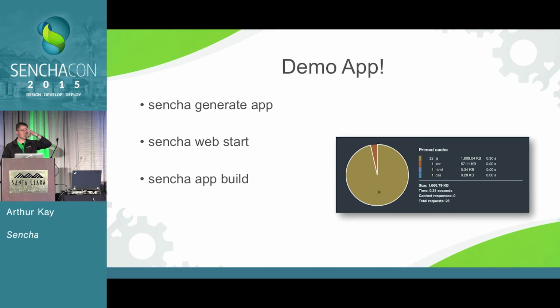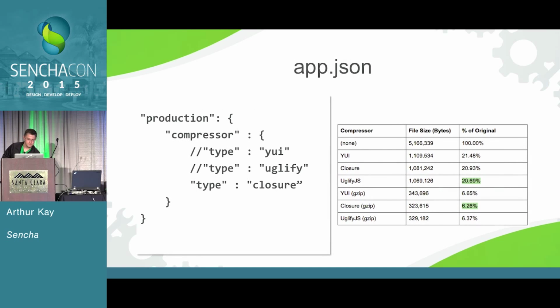So clearly using a JavaScript compression tool is a good idea. But it's possible that by tweaking how Sencha Cmd minimizes your application resources, you can squeeze a ton of extra performance out of your application.